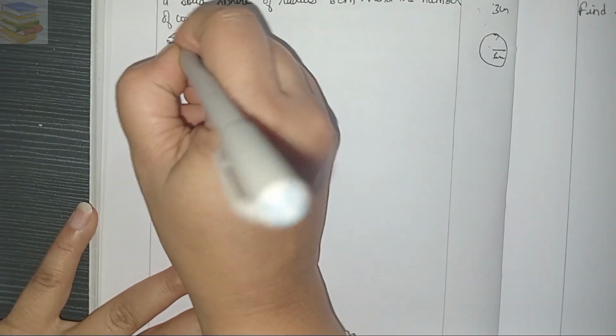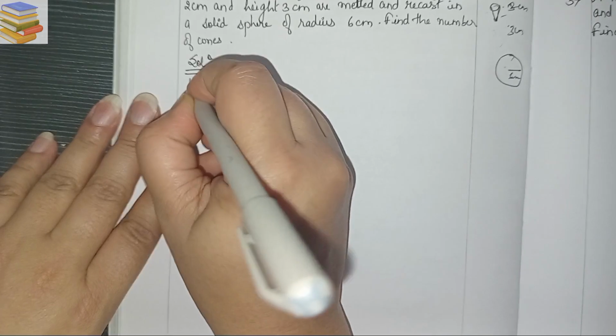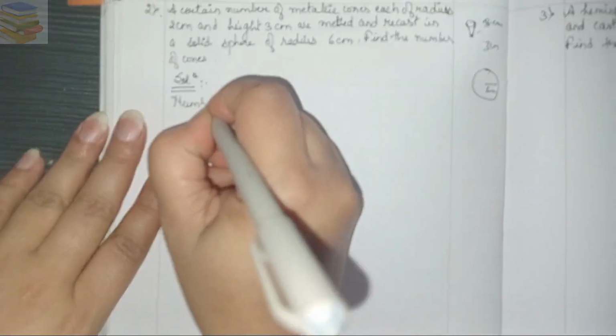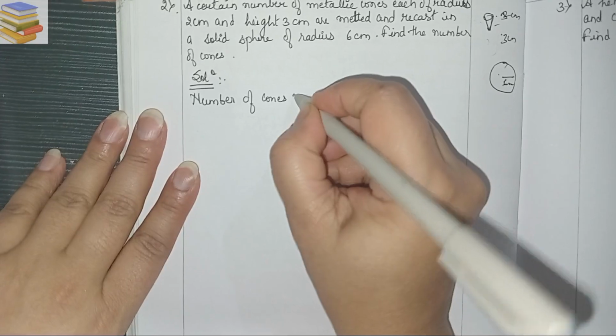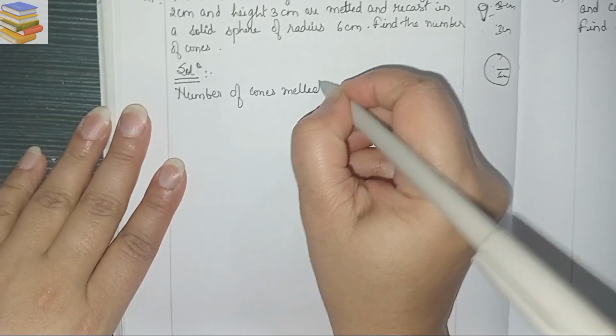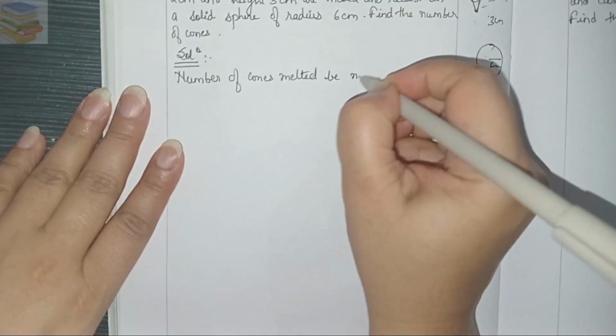So the solution for it, let the number of cones melted be n.